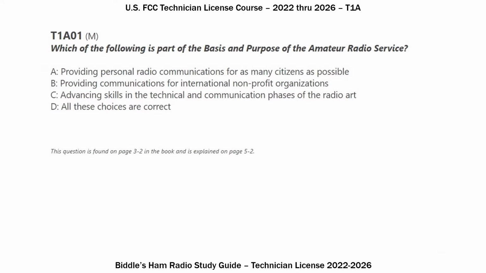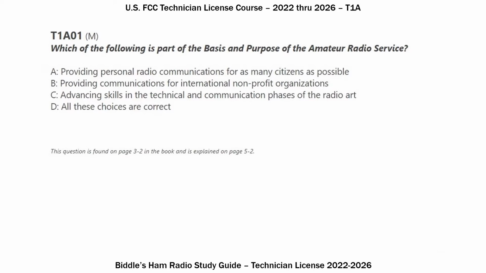Okay, first question is T1A01, and this is a modified question from the prior pool. Which of the following is part of the basis and purpose of the amateur radio service? A, providing personal radio communications for as many citizens as possible. B, providing communications for international nonprofit organizations.